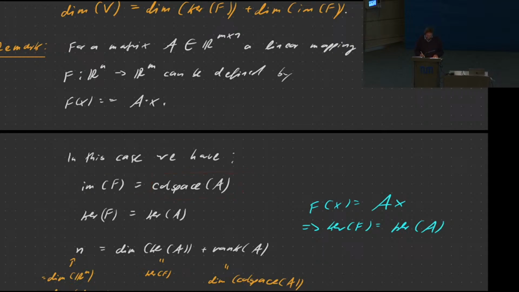Because remember, the image of f is basically the set of all A times x, where x is in the domain V. And multiplying A by x basically means you take a linear combination of the columns of the matrix where the entries in x are the coefficients. That means basically what you do is the span of all the columns of A, and that's the column space. Right? That's why the image of f is the column space of A.